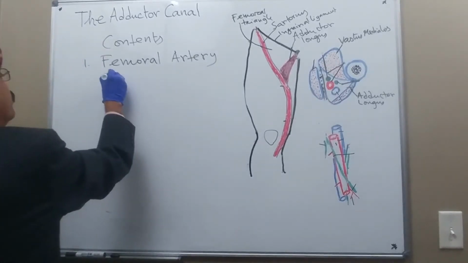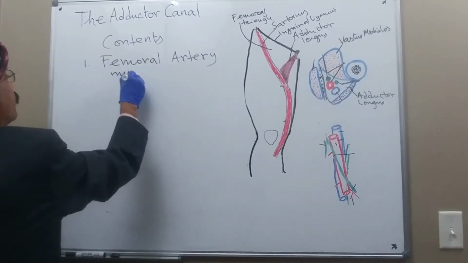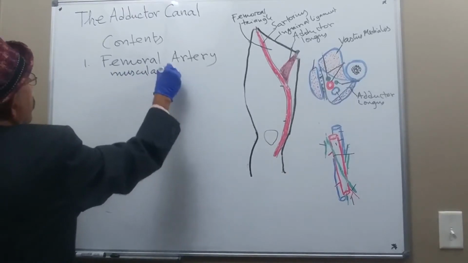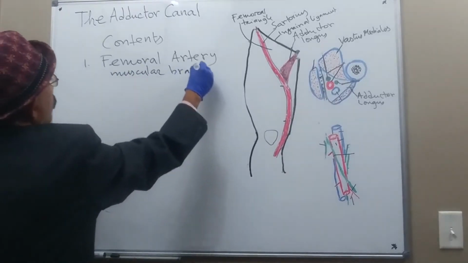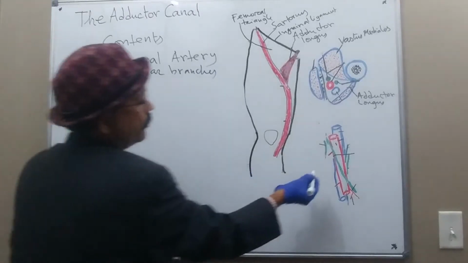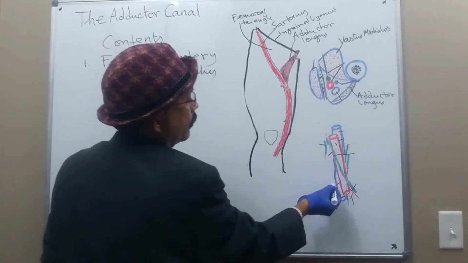Its muscular branches are like this: this is a muscular branch, another muscular branch.